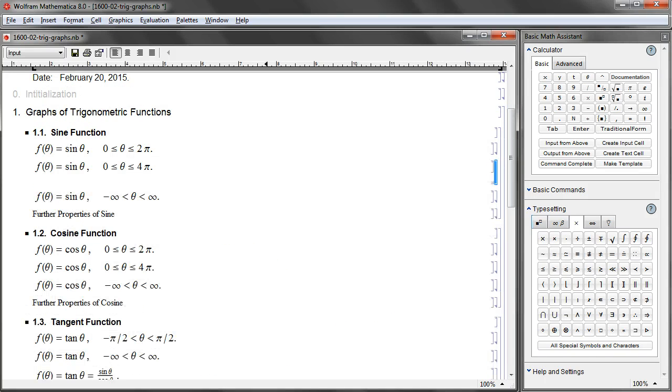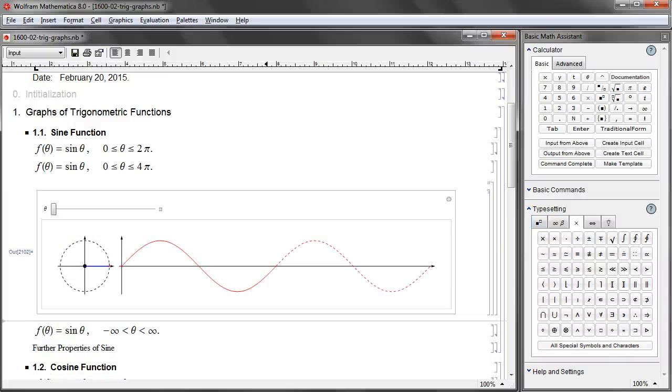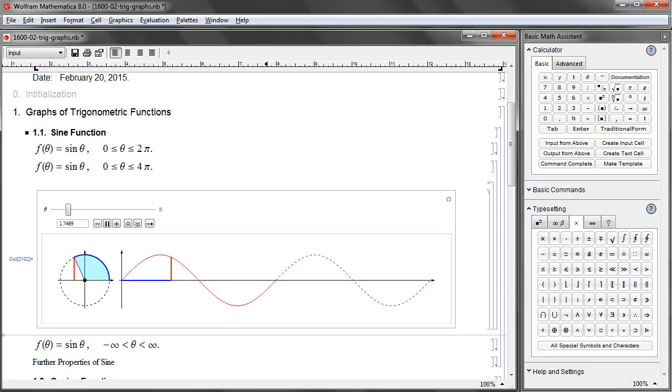Now this visualization is from 0 to 4 pi, and the rotation goes on for two 360-degree rotations. So we go all the way to 4 pi. And the standard domain from 0 to 2 pi is represented as a solid curve. And then next we have a dotted curve. In any case, we have the same behavior.